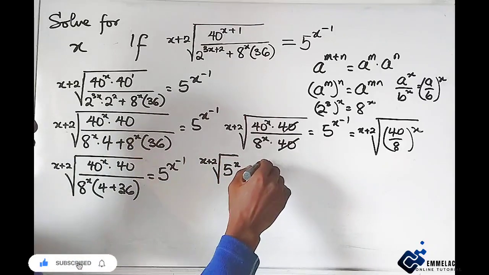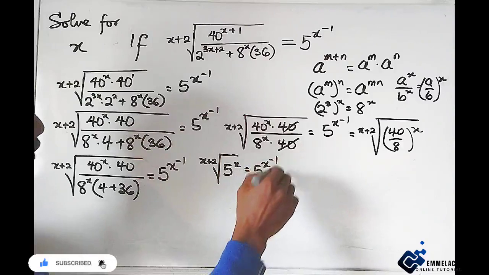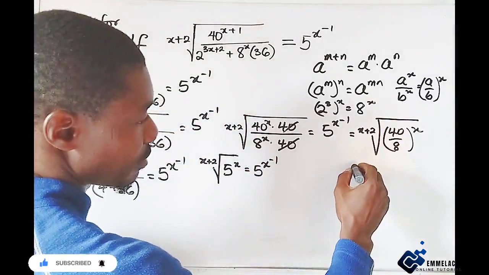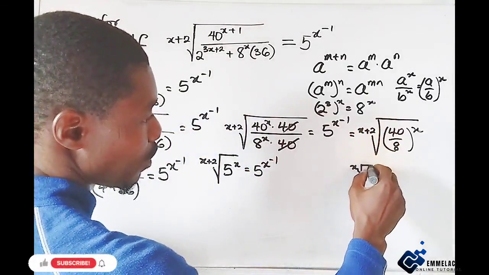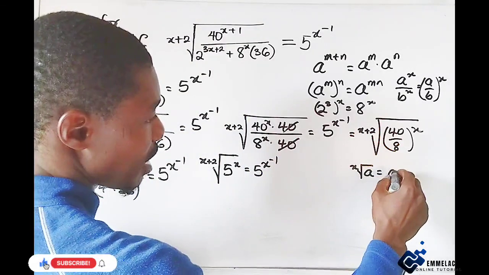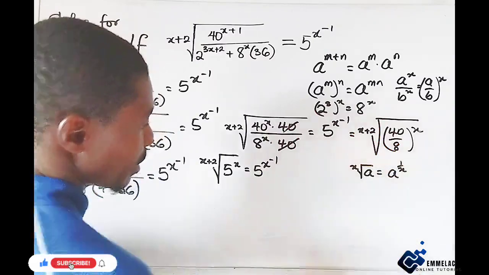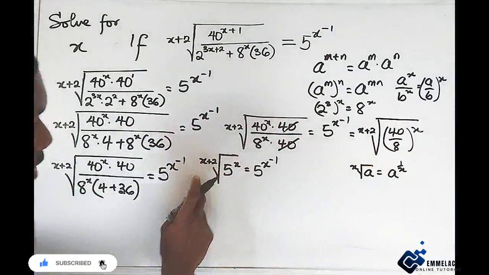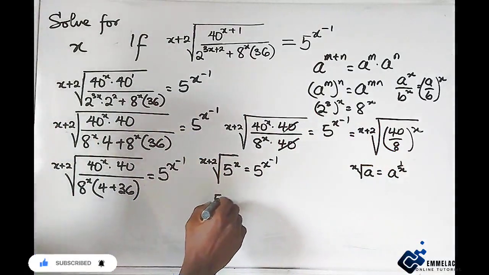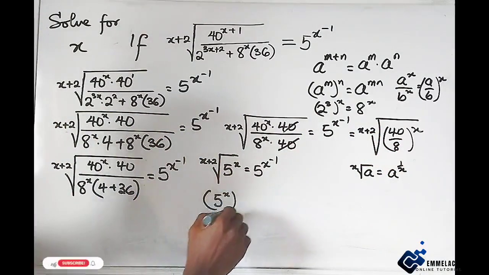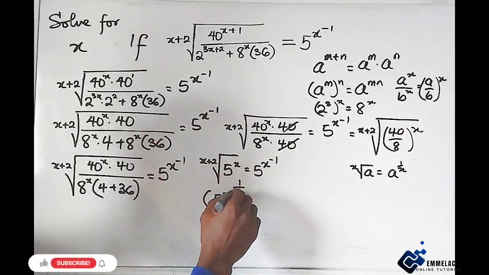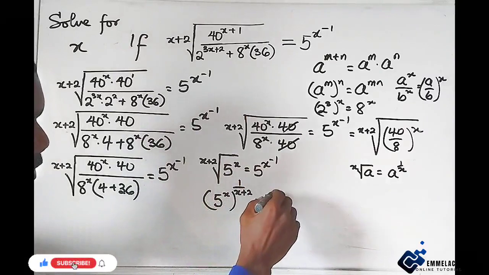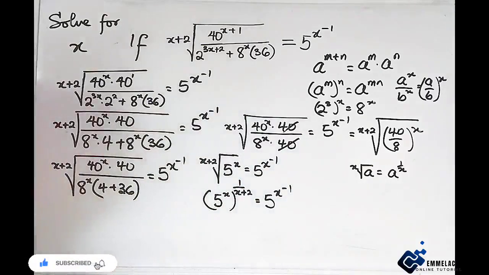So here you have the (x+2)th root of 5 raised to the power of x, equals 5 raised to the power of x, raised to the power of -1. Let us take note that the xth root of a is the same thing as a raised to the power of 1 over x. We can apply this same rule here and say this is 5 raised to the power of x, raised to the power of 1 over x plus 2, which equals 5 raised to the power of x, raised to the power minus 1.